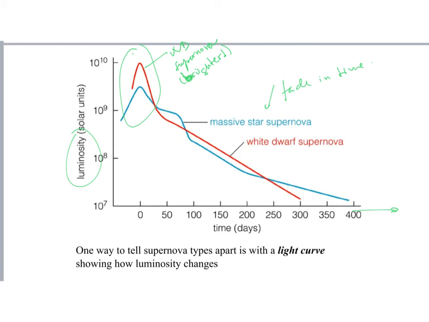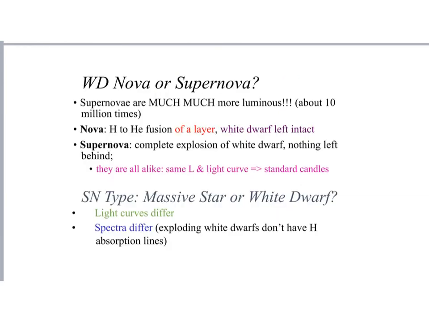There are also some features in the spectra that we're not going to bother you with, but there are quite a bunch of differences, and we astronomers are definitely looking for them in order to really understand which type of supernova this is. It turns out it is actually quite important.